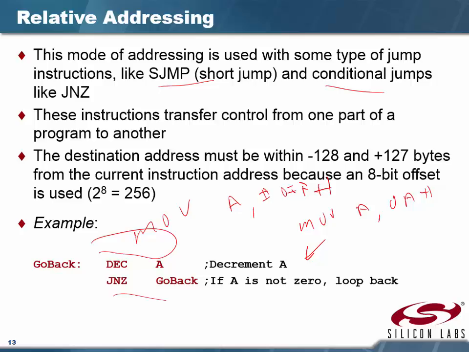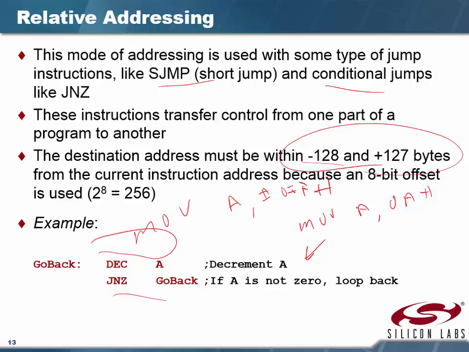So we can use the number, grab the data, add it to A, use the next number, add it to A, and then we could decrement, say, R1, and use R1 as our data pointer for indirect addressing. So we've got all kinds of options. The only thing is we have to make sure that our code is short in between the jump.